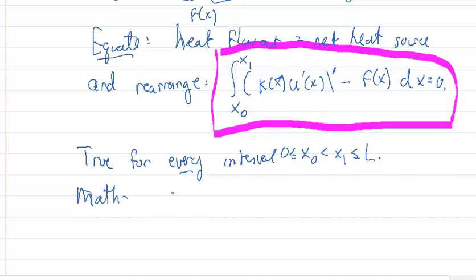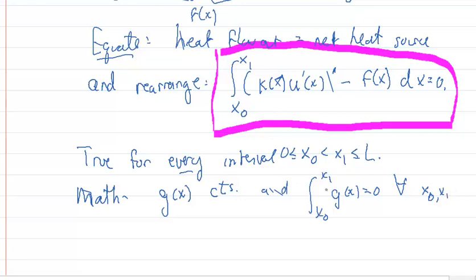So if g of x is continuous, and the integral from x0 to x1 of g of x equals 0 for all x0, x1, that implies that g of x itself is 0.